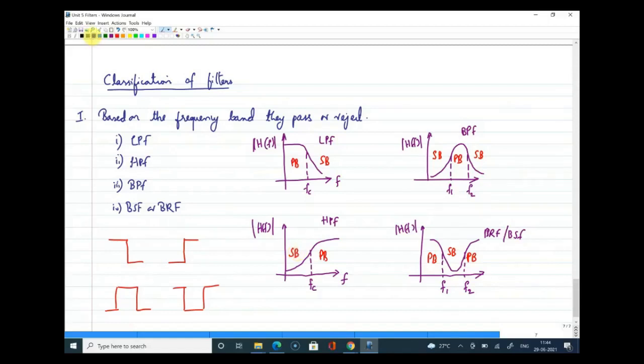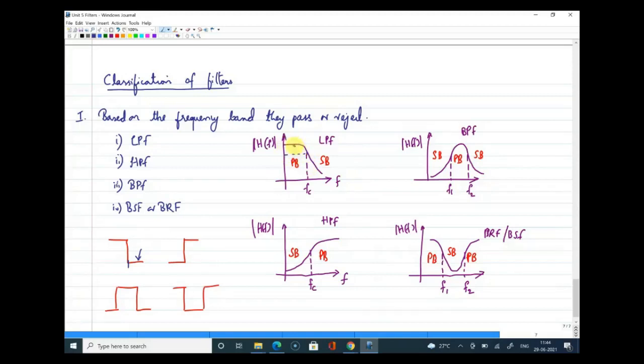Say for example, in a low pass filter, when you say cutoff frequency, it is the point where you have a sharp transition band, and after the cutoff frequency the signals will be totally attenuated. But when you realize it in practice, we will not have this sharp transition. Instead of this brick wall response, you will have a transition band, and now we need to define which frequency we can consider as the cutoff frequency.